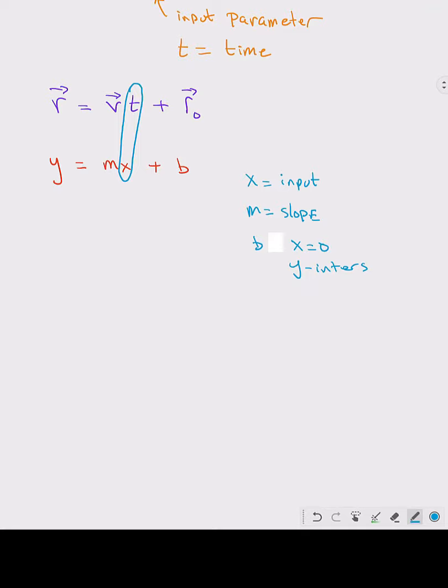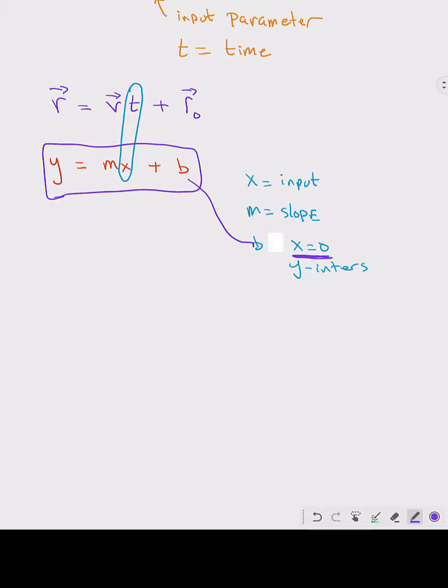Now, there's not an exact correlation between these two, I suppose. But if we can remember what we're doing with y equals mx plus b, then figuring out this vector equation of a line is quite easy. If we remember that when x is 0, then we get the b, that's what happened before.